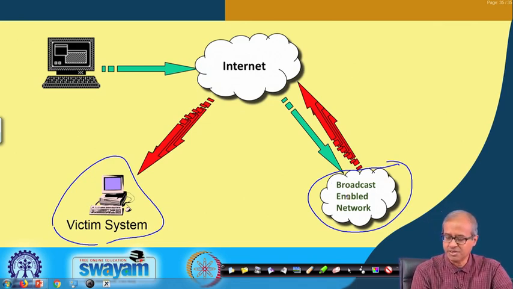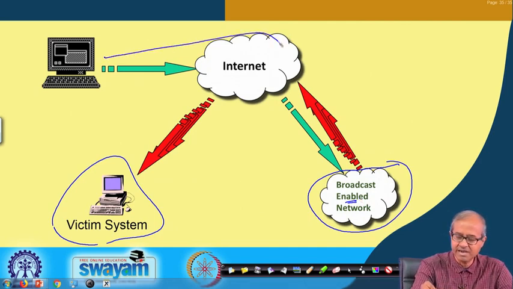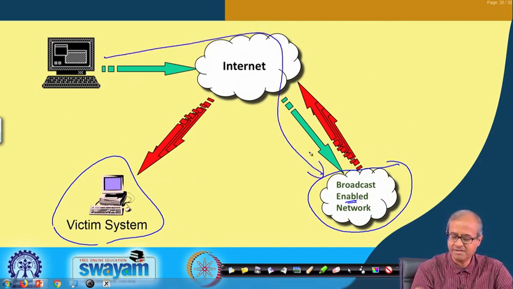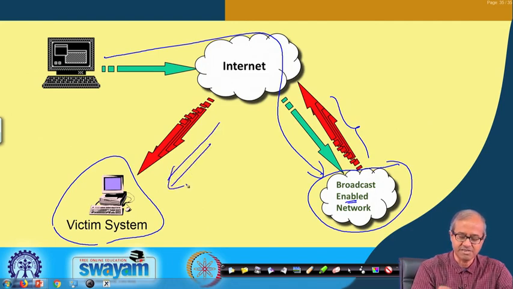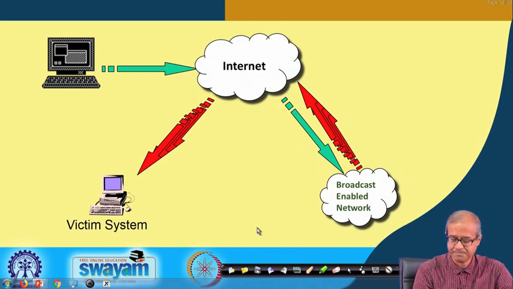Suppose it is not so, and it is a broadcast enabled network. The attacker will send a packet here, and the broadcast packet will generate a large number of packets, marked by these red arrows, to this victim system. This is the idea.